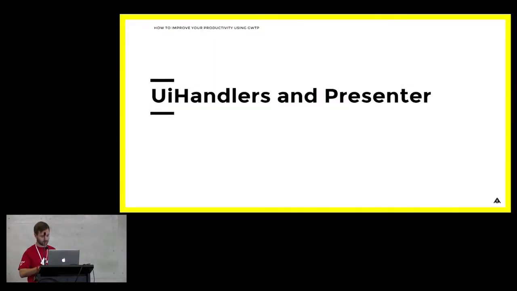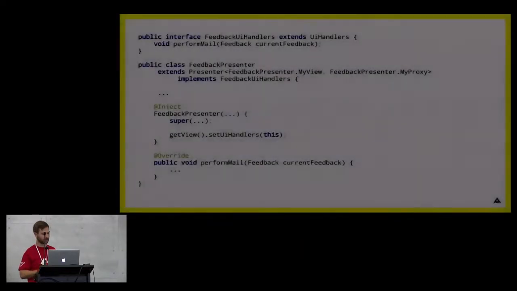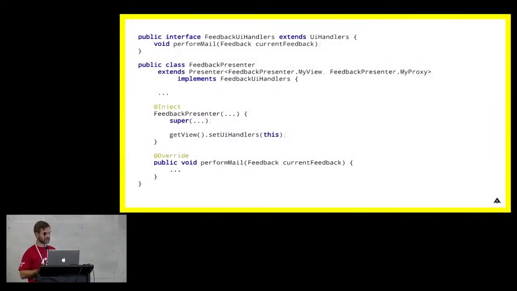So I'll show you a little bit more code for UI handlers and presenter. The way it's used in GWTP is that you have an interface, say called FeedbackUiHandlers, that extends UiHandlers itself. So performMail, maybe not the right word, but it's more like an on-click perform something.